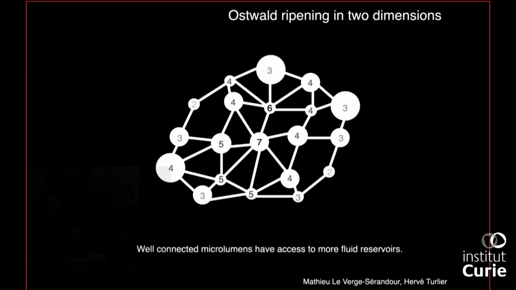the microlumens form a network, and the connectivity of this network is going to be important. Because the microlumens which are central to the network may be better connected, and then may have more reservoir to exchange fluid with, while those at the periphery will have different dynamics in their fluid exchange because of their fewer neighbors.